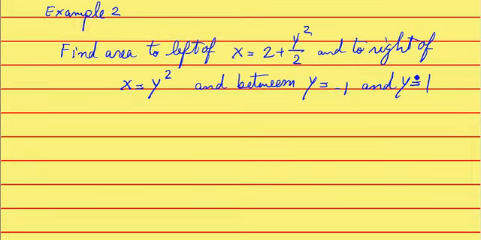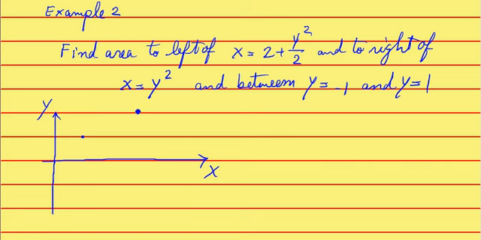Well, what is meant here? Okay, here's our x-axis, here's our y-axis. x equal to y squared, that's going to be a parabola that opens in the x direction. You give a value to y. For example, when y is 1, x is 1.